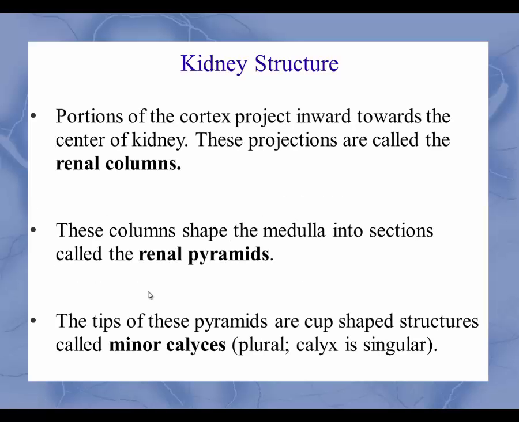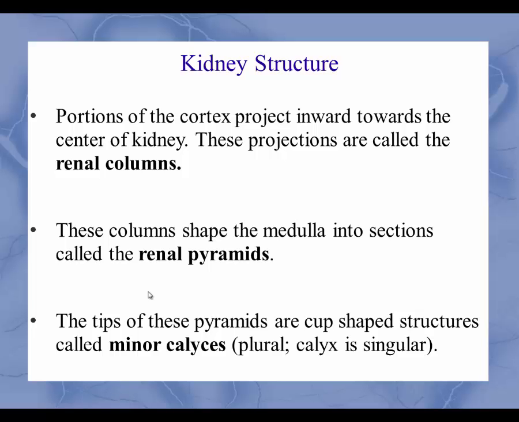Portions of the cortex will project inward toward the center, and these are called renal columns. They actually look like columns on a building. Even though they go into the medulla, they are still projections of the cortex. The shapes that these columns form within the medulla are called renal pyramids.